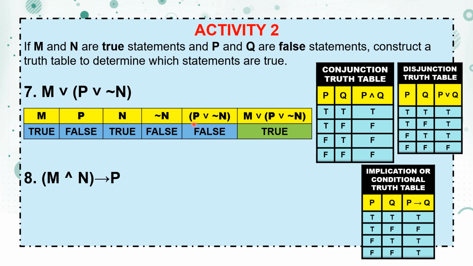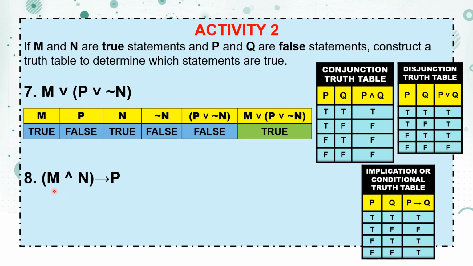But our P or not N is false. So, we have true and false. I repeat, M is true and this is false. So, true, false. Let's find true, false in the disjunction. The answer is true.